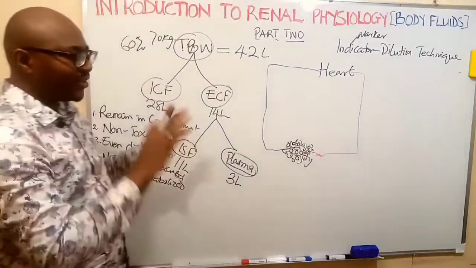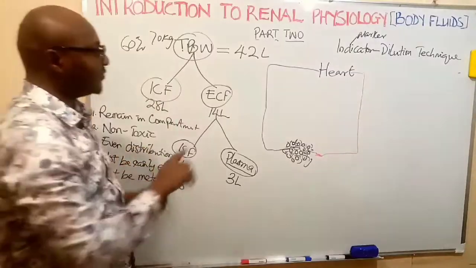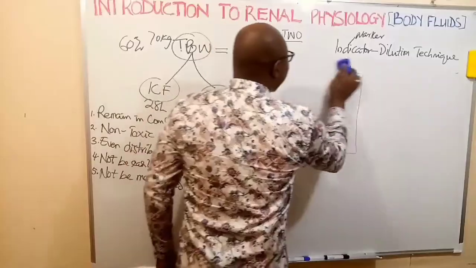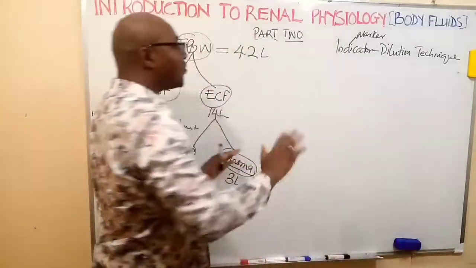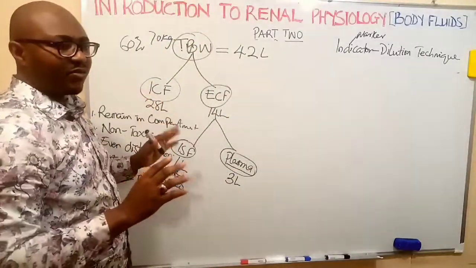All right, so let's go into each and every one. We'll start with the total body water. So you ask yourself, how do you measure the total body water? The total body water means every compartment, okay?